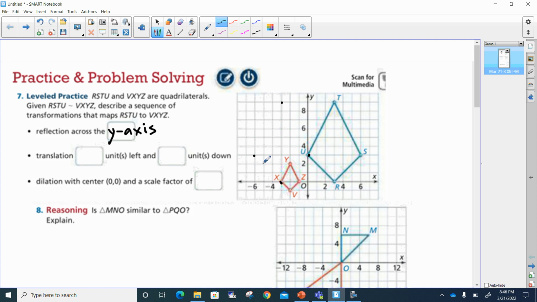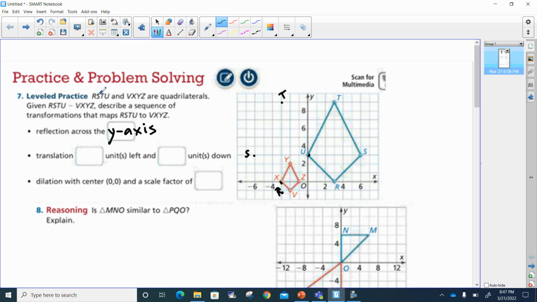Now I have to figure out how it's going to get over here. Most people might think, oh, I'll just go ahead and move it over, right? 1, and then bring it down, which wouldn't be incorrect because remember, with S being over here now, and T being over here, and R being down here, we have everything in the right pattern because we have to look at the order of the letters.